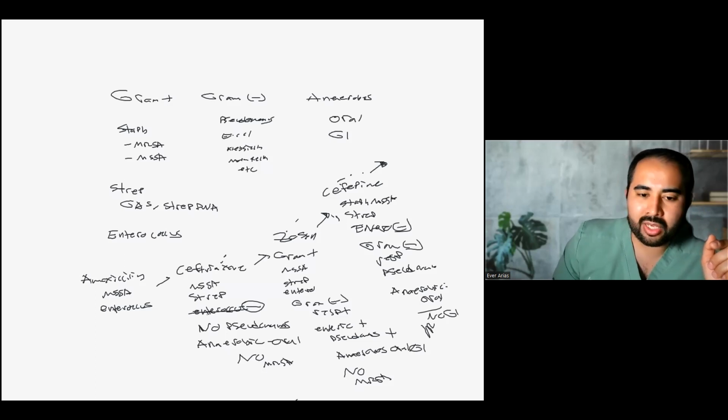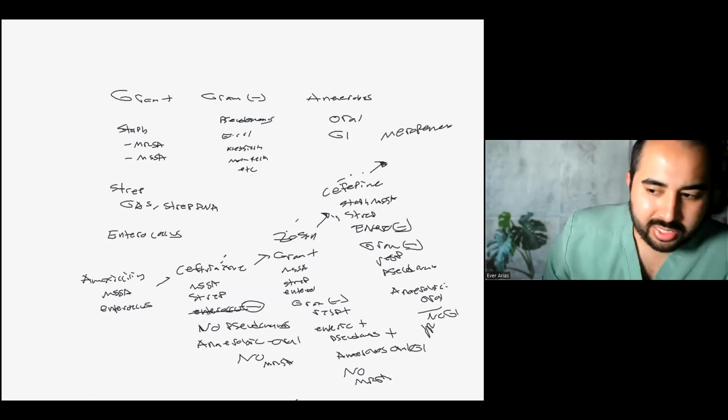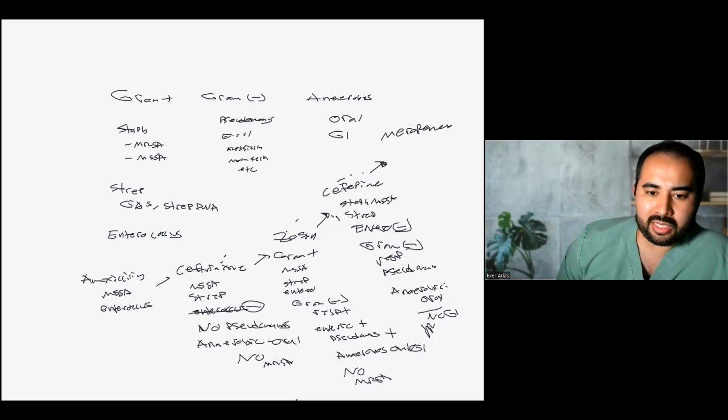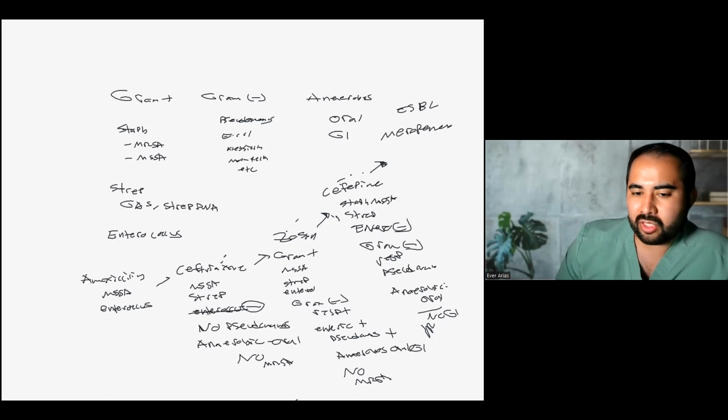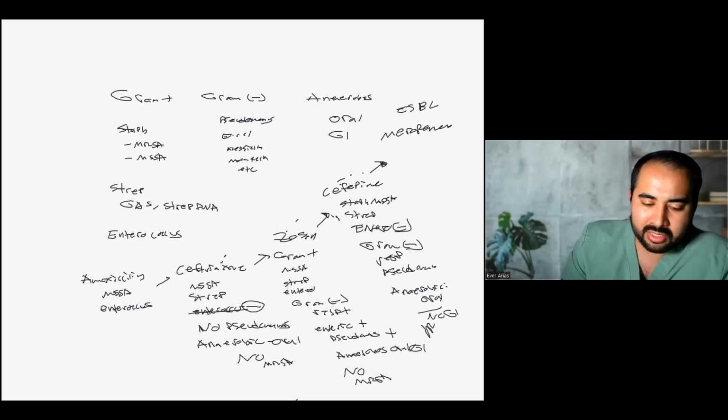Okay, and then you also have a bigger gun, which is meropenem, and these are carbapenems. These are a higher class. Cefepime is a cephalosporin. Zosyn is a mix of piperacillin, which is a penicillin, and tazobactam, a beta-lactamase inhibitor, combined. Meropenem is a carbapenem. These are for what we call ESBL bacteria that are resistant to beta-lactamases.